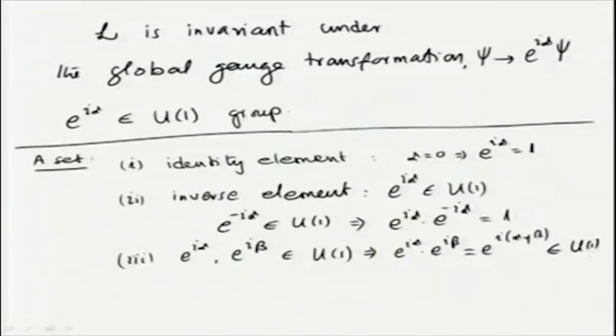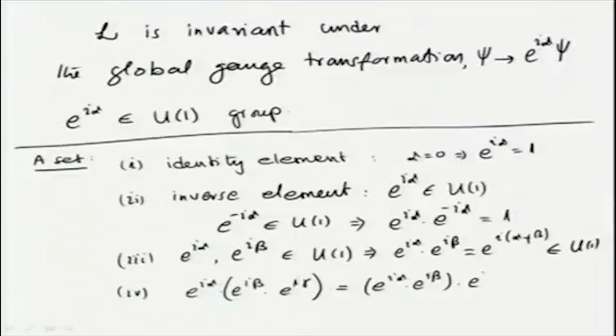Then you will see that all these things are satisfied when you combine these two elements, which means you are doing the group operation between them. Such a combination is associative, which means if I take three elements e^{iα}, e^{iβ}, e^{iγ}, it does not matter whether I combine the last two first and then combine the resultant element with the first one, or take the first two, combine them to give a resultant element, and then combine that with the third one.